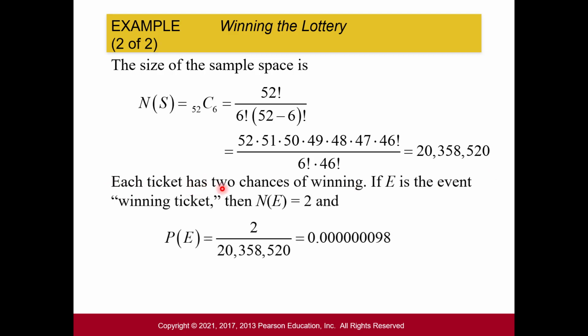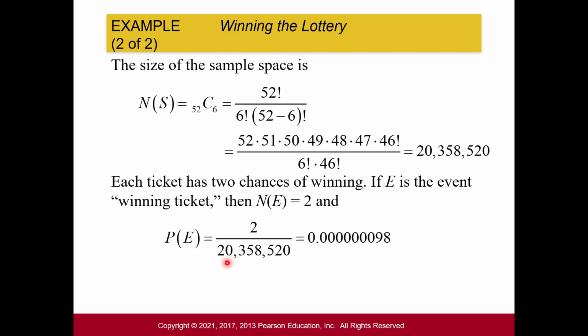So each ticket has 2 chances of winning. If E is the event where you have a winning ticket, then the number of outcomes of event E is 2. And so the probability of E, the probability of a winning ticket, is 2 out of the possible outcomes for the choosing of the balls from the urn.